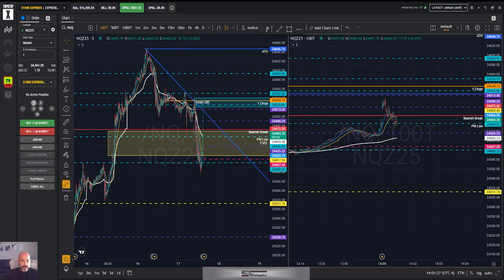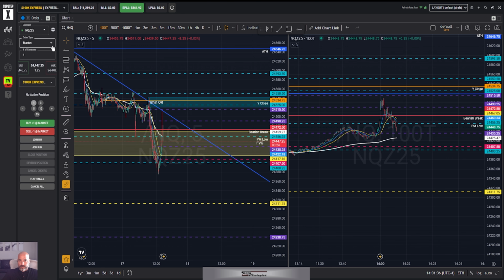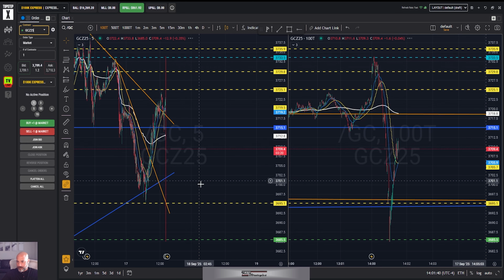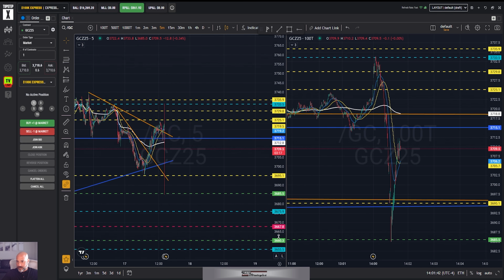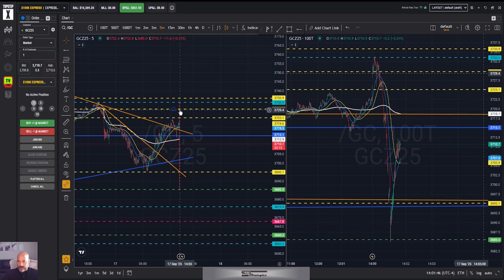Maybe shorten. Gold sold off, if it popped back up. Let's look at that. Oops, let's not change that. Look at that. And we're back to where we're at. So it took out longs, it took out shorts.